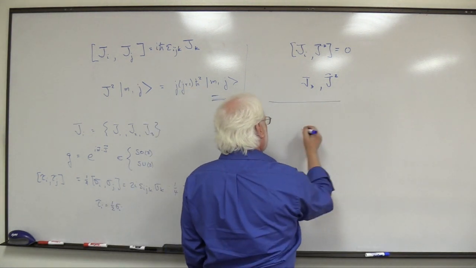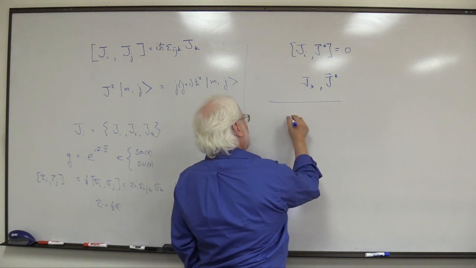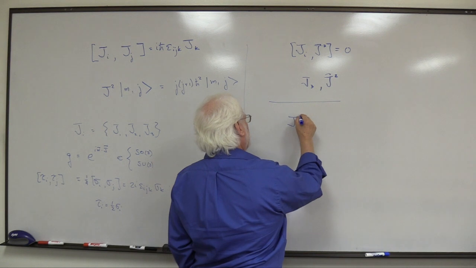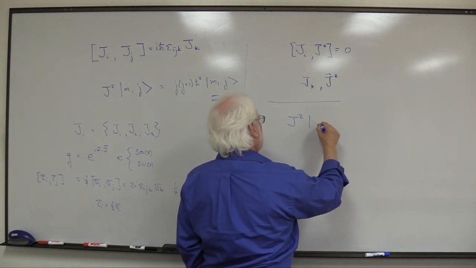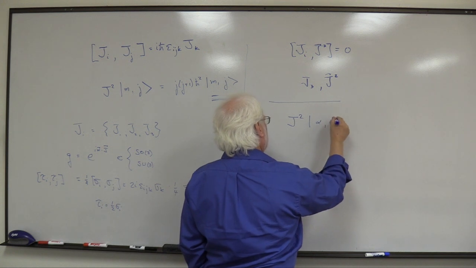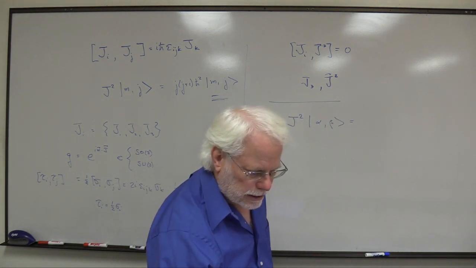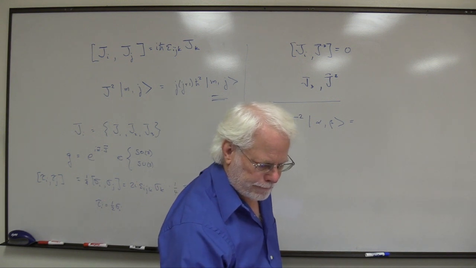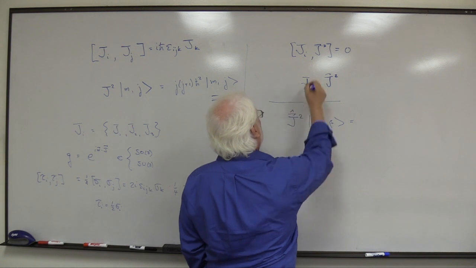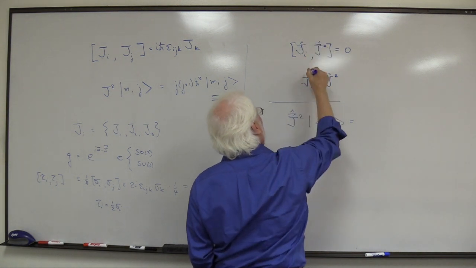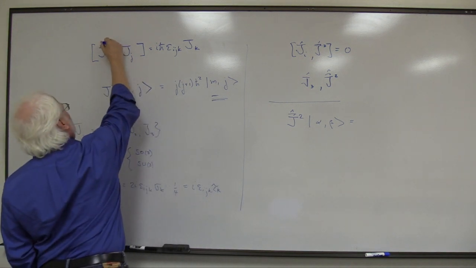Let's not make any assumptions about the eigenvalues. It's going to turn out to be this, but let's just say for now that J squared acting on a state gives alpha ħ squared times the state. These are all operators, and everything should have a hat on it here.